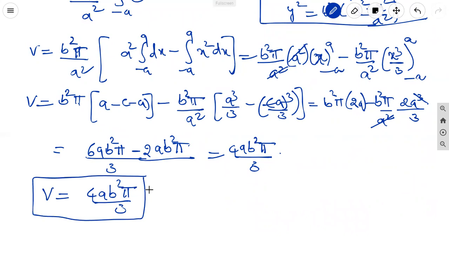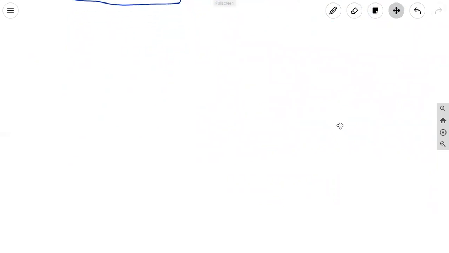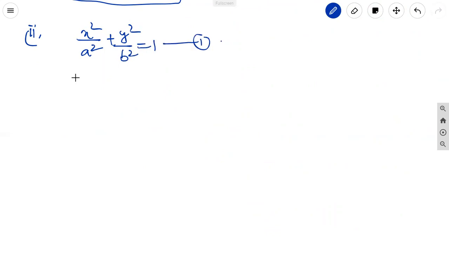about the x-axis. That is the major axis. Similarly, we can find out the minor axis. The given curve is x squared by a squared plus y squared by b squared equal to 1. Okay, let it be equation 1. Here, y-axis is the minor axis.